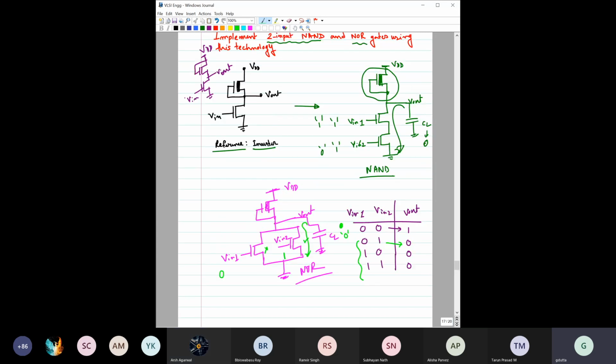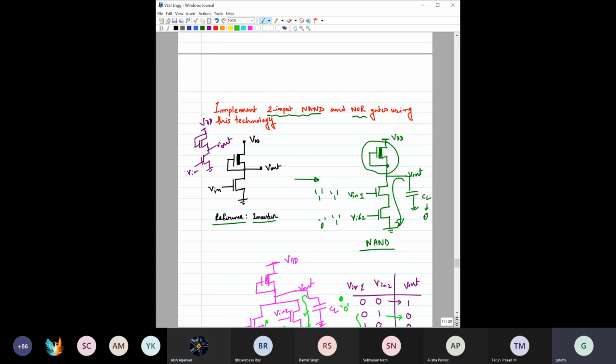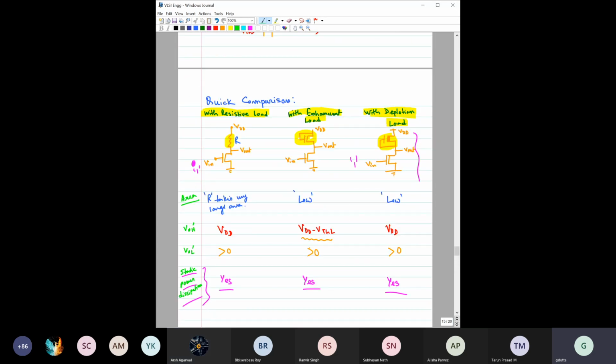So far, if any technology is given to you, please tell me whether you would be able to design any gate in any of these technologies. If you are confident, then we can move on. Otherwise, if you have any doubt, you can stop me and tell me.